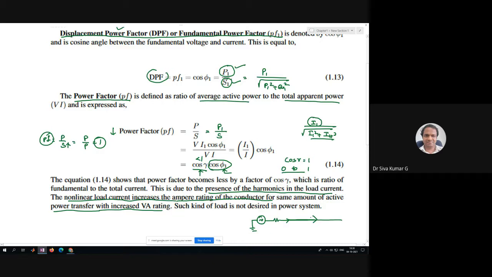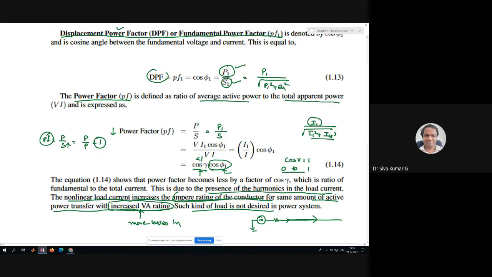But what it says is that for the same amount of active power transfer, the ampere rating of the current of the conductor has to be with increased VA rating. What it actually says is that we have more losses in a system for the same amount of active power transfer, because of the harmonics in a system. Such kind of load is not desired in a power system.